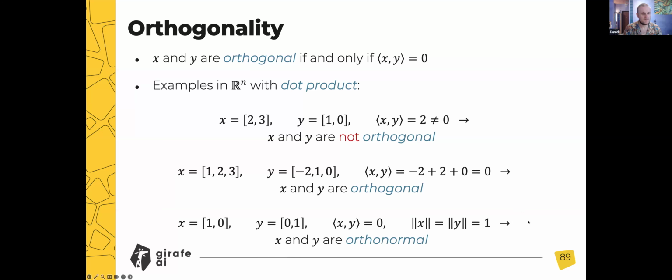In case both vectors are not only orthogonal, but also of unit length, we say that they are orthonormal, which means that they are orthogonal and of length 1. But that's just a convention, if we are too lazy to say that they are orthogonal and of length 1. Okay?